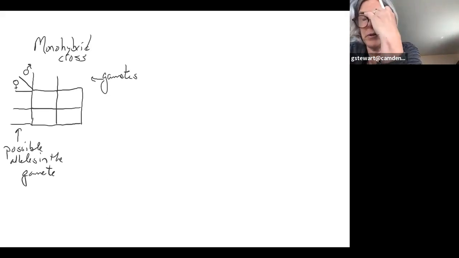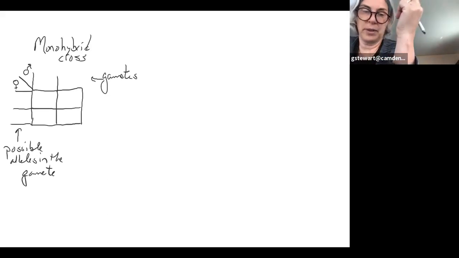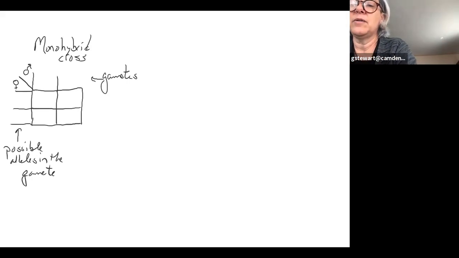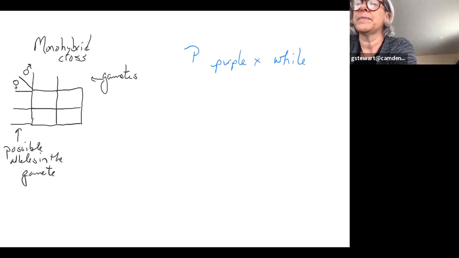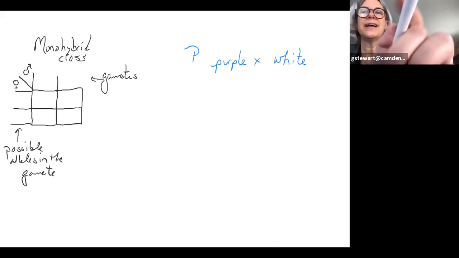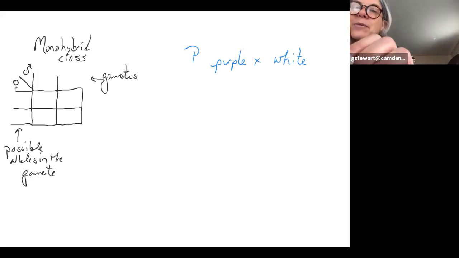Now again, I'm going to try to go really slowly so that you guys can follow along. So I'm going to change my pen color a little bit, and I'm going to go back to Mendel's experiment when he had his P generation of purple flowered peas crossed with white ones. Punnett set out to say, okay, there has to be a way that we can designate purple very quickly and white very quickly.